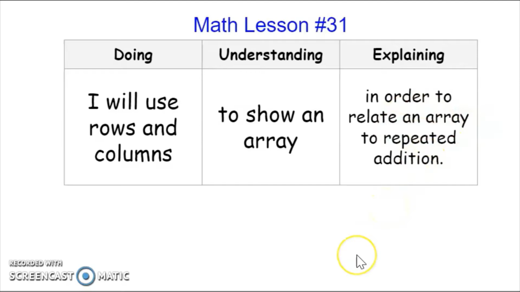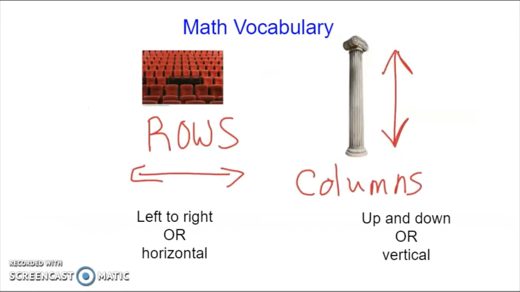Now, I know that sounds very scary, my friends, so let's go ahead and talk a little bit more about what rows and columns are. Rows, we can think of the way that we see them in a movie theater. When we look at rows in a movie theater, they go from left to right, or we call this horizontal as well.